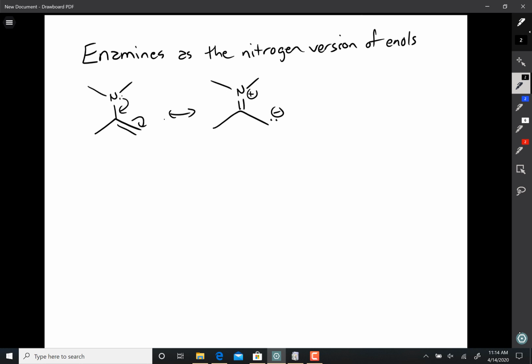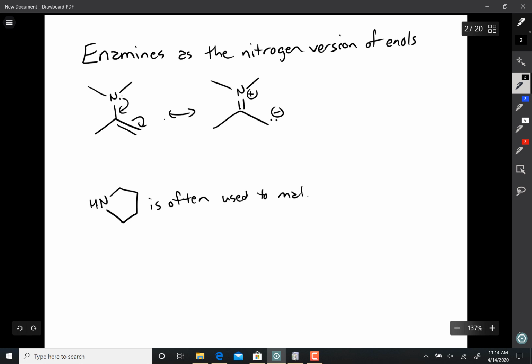And in terms of enamines in synthesis, pyrrolidine is often used to make enamines, and in synthesis reactions.